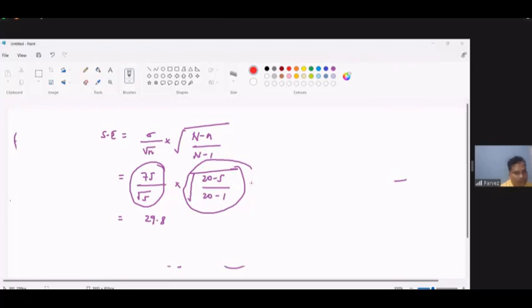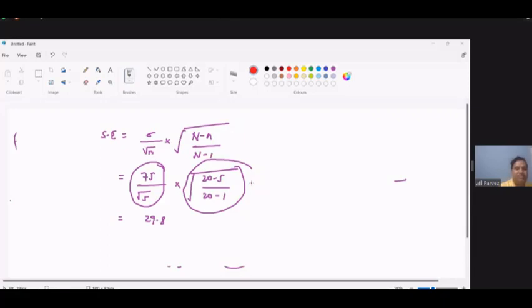Sir, one doubt: after which digit will we round off the root of 5? Two digits is fine, it doesn't matter here. In time value of money, when amounts are bigger, like 20 lakhs or 30 lakhs, then it matters. Here the digits are small, so it doesn't matter much.